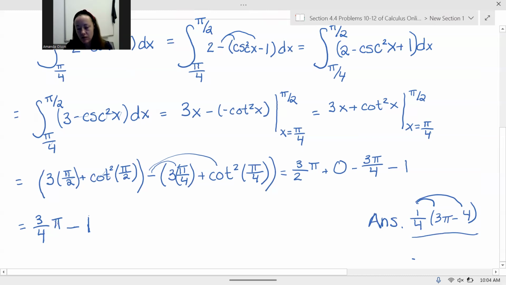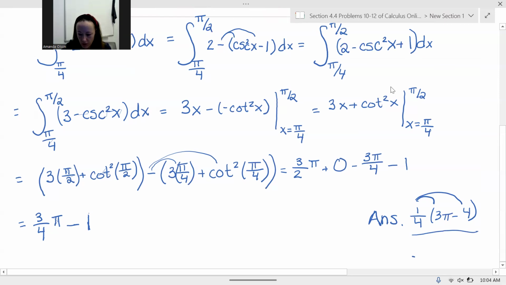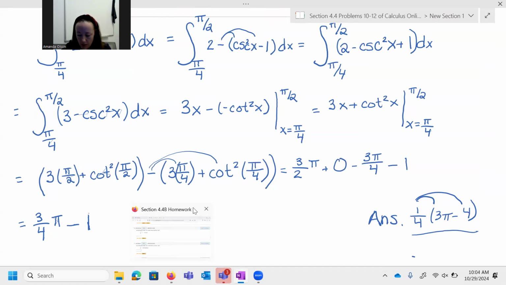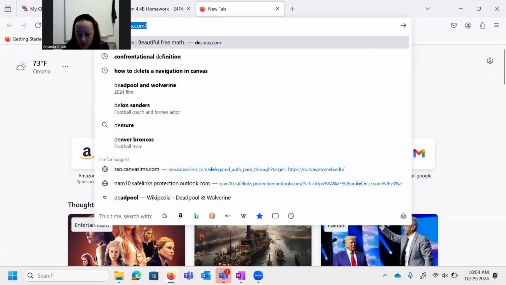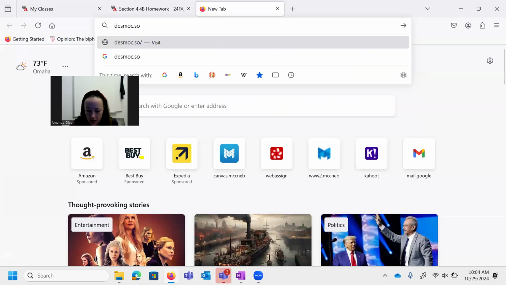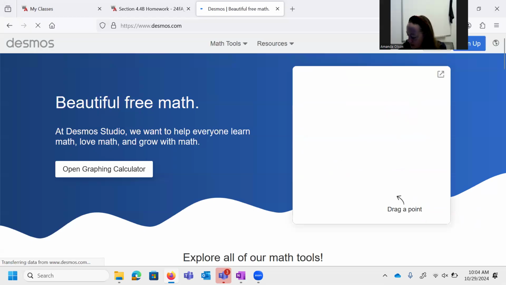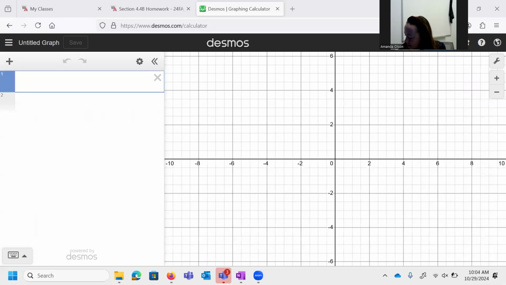The last thing is to verify using a graphing utility. So I'm going to go ahead and pull up a graphing utility. I'm going to use Desmos, which is free software. They just want us to verify the result using a calculator.